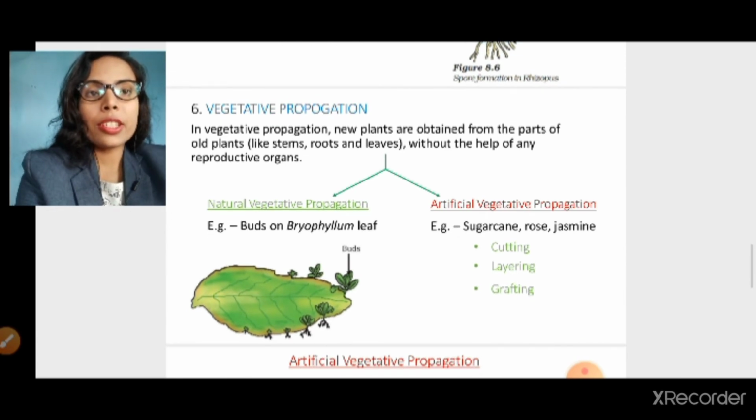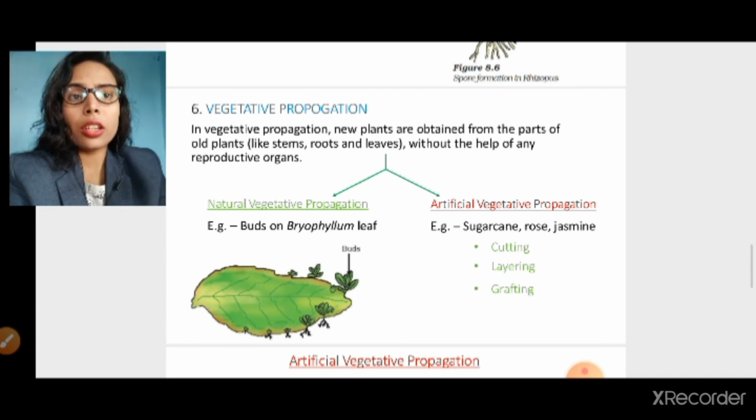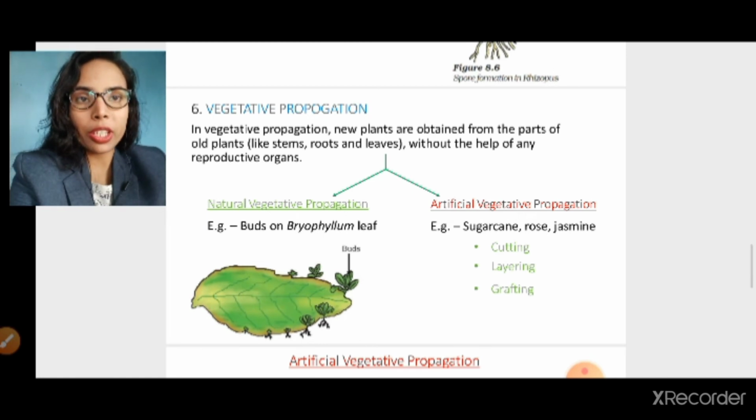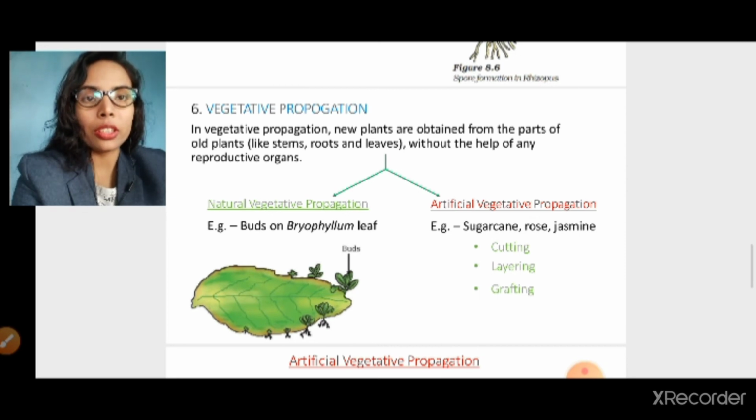Next is vegetative propagation. In vegetative propagation, new plants are obtained from parts of the old plants, like stem, root and leaves, without the help of any reproductive organs. There are mainly two types of vegetative propagation: first, natural vegetative propagation, and second, artificial vegetative propagation. An example of natural vegetative propagation is buds on a bryophyllum leaf.